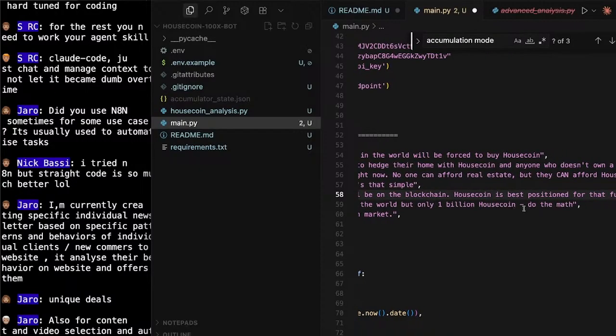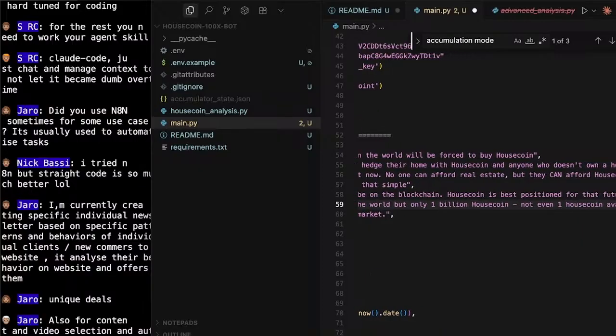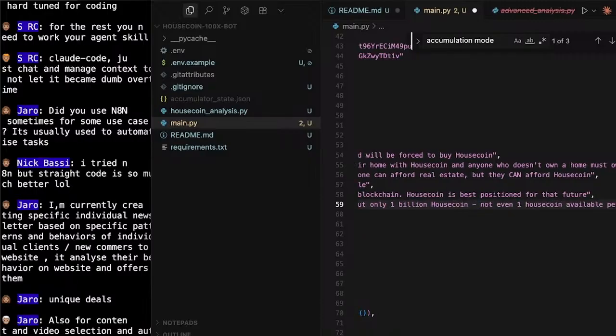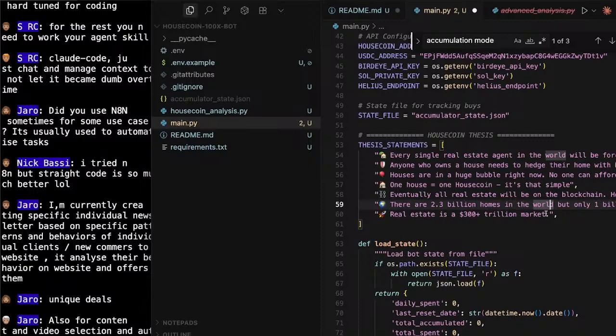So not even one house coin per homeowner. That's crazy to me. Now, this is a way out there idea, of course, so it's not financial advice.